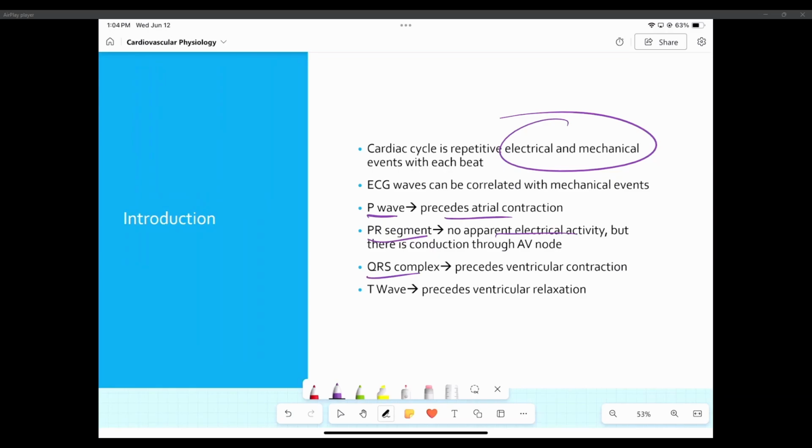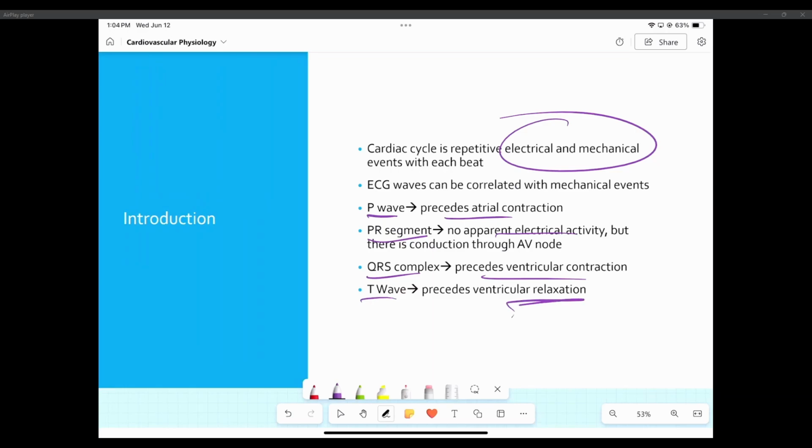The QRS complex precedes any ventricular contraction. The T wave is really looking at repolarization, but in a mechanical sense, the mechanical event is ventricular relaxation.